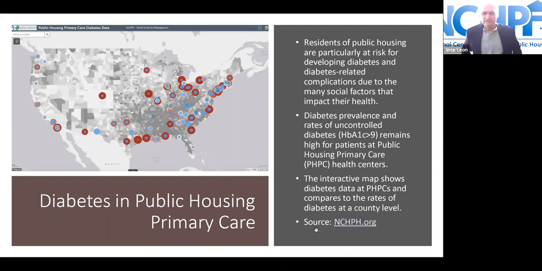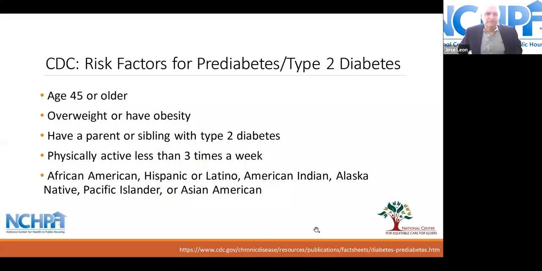And this is extremely important when you are planning to develop programs, either prevention programs or any kind of programs related to diabetes, so you can compare what your health center is reporting with what your county or your state is reporting, and make sure that you address all the social needs that this patient may have. Next slide.